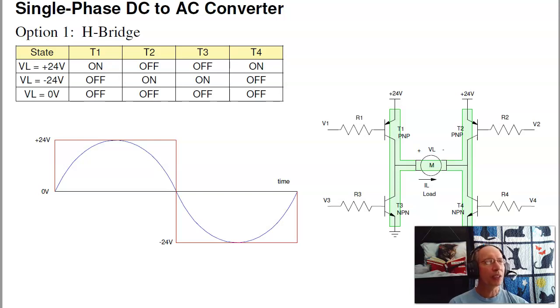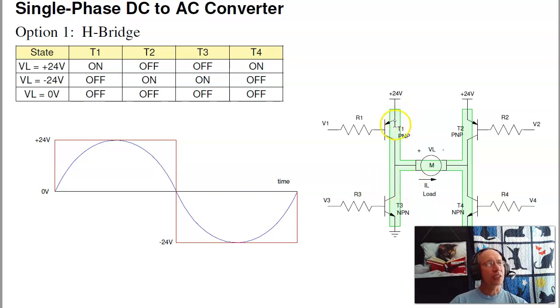One of them is use an H-bridge. The H-bridge we looked at before can make a motor go forward, can make it go reverse if it's a DC motor. Make that an AC motor, I can now have the current go left, then right, then left, then right. I can produce an AC signal and drive an AC motor. And there's a couple ways to do it.